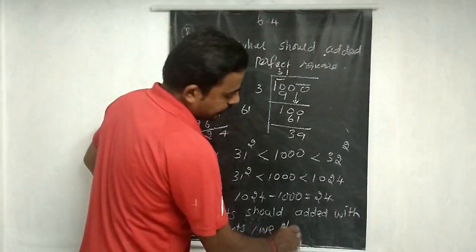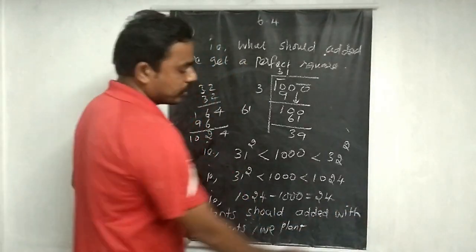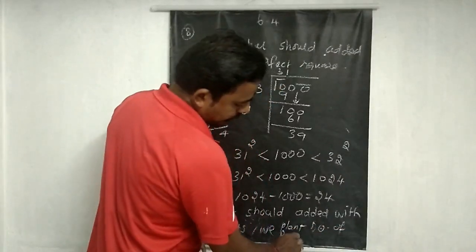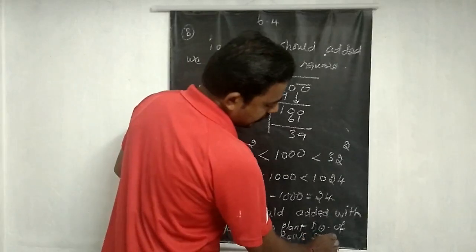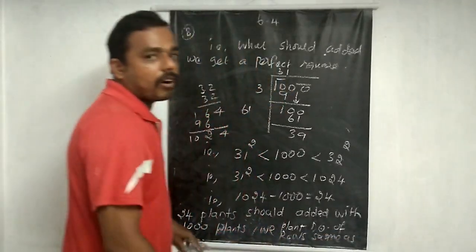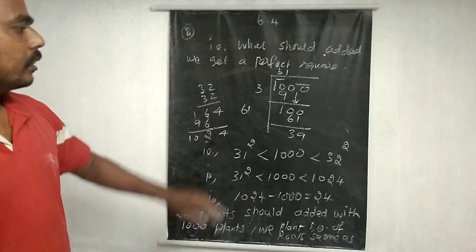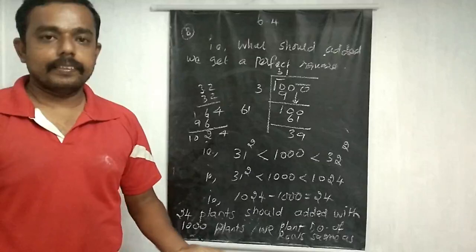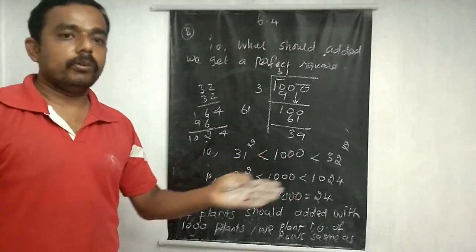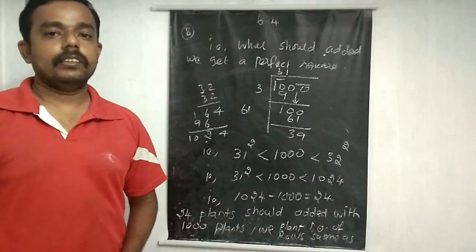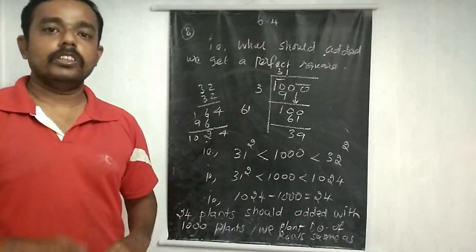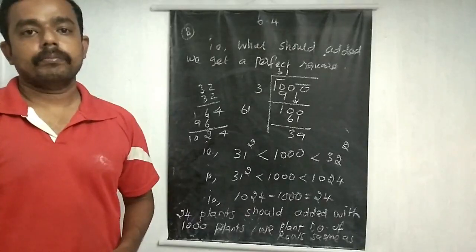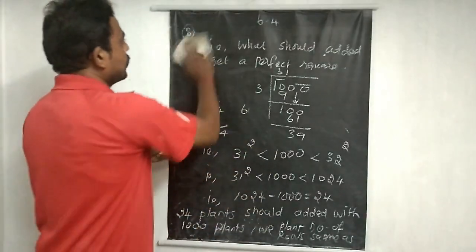We plant the number of rows equal to the number of columns. So here what should be added? Don't think about what should be subtracted, because 24 only is needed, but here 39. So we have certain plants. This one also we can plant. So an extra 24 only are needed. That's all. Right. Very next problem.